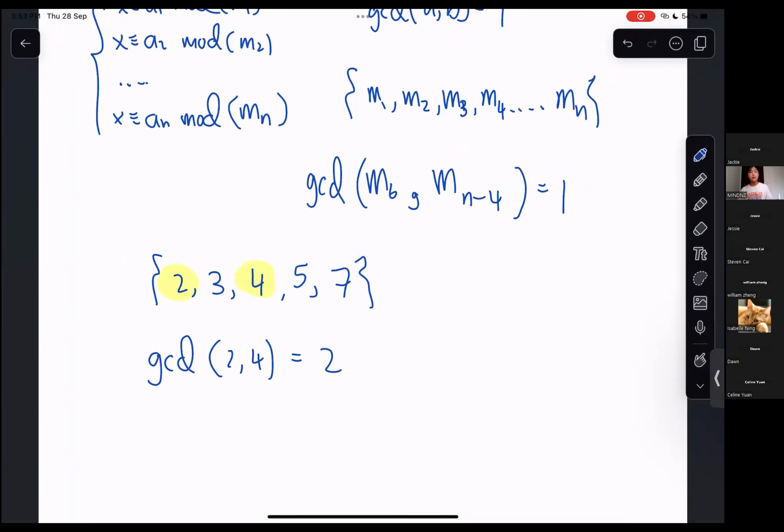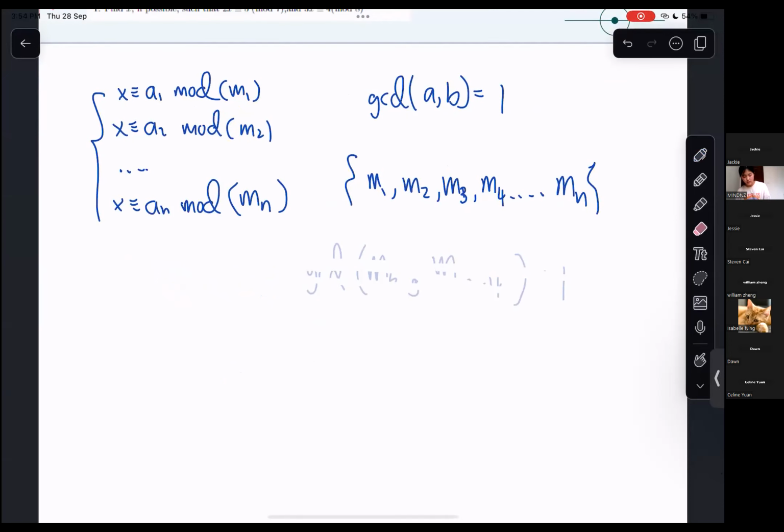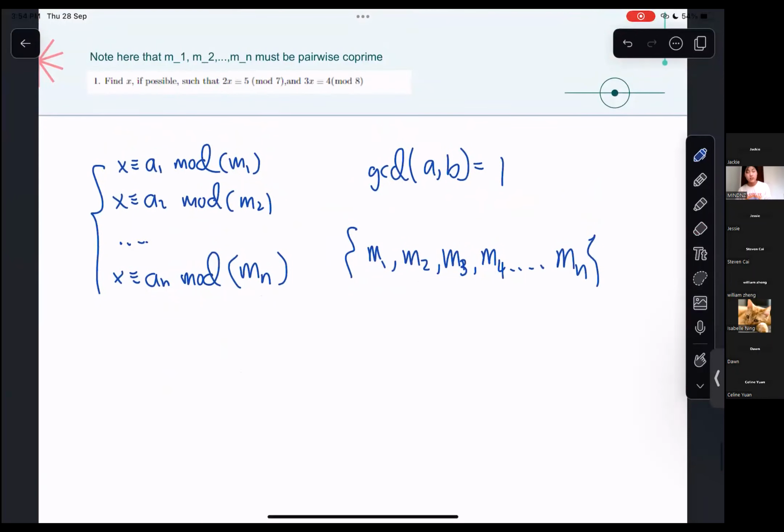It means that in our set of numbers, if we pick any random 2, it should always have the greatest common divisor of 1. And this is the condition we need for the Chinese remainder theorem. So not necessarily the residue class we get, but the part we're considering for the modulo, they have to be pairwise coprime.